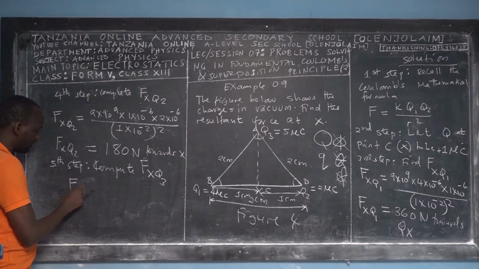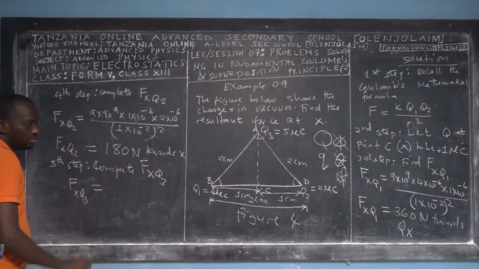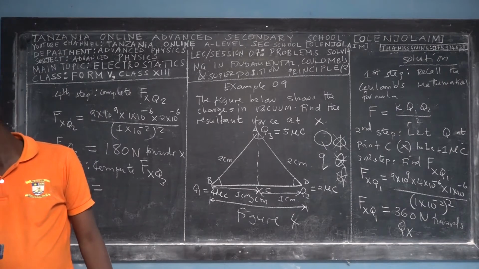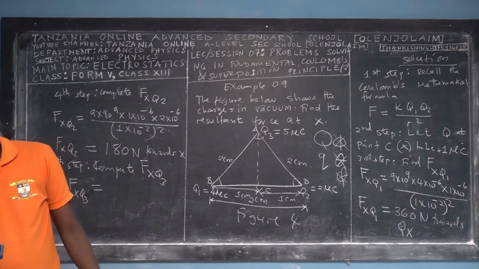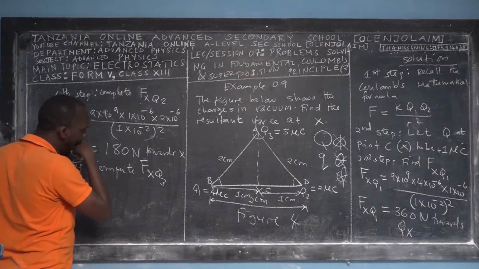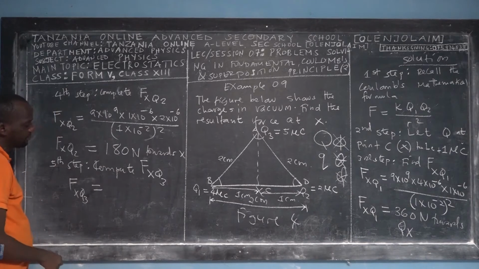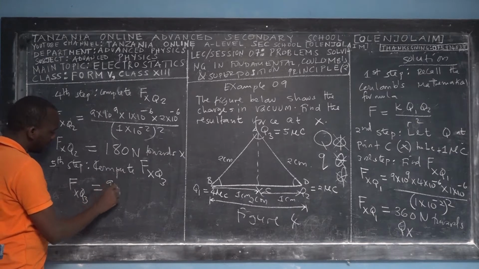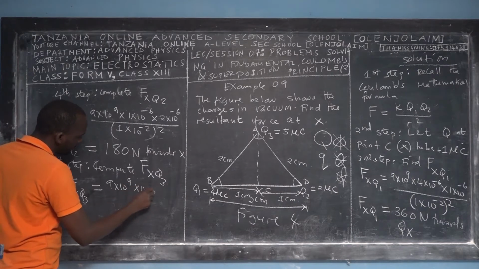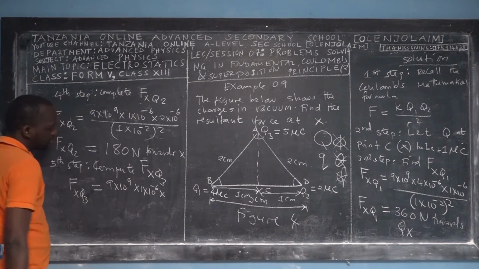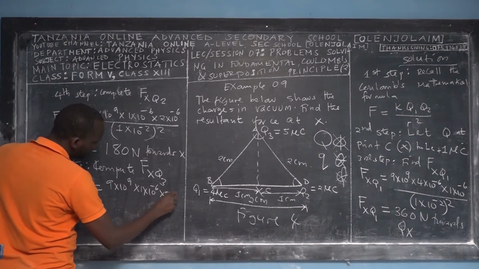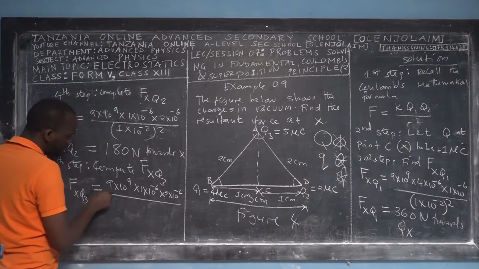So let us find the magnitude. So it is 9 exponent 9. Q1 is 1 exponent negative 6. Q3 is equal to 5. We are looking for its magnitude first.